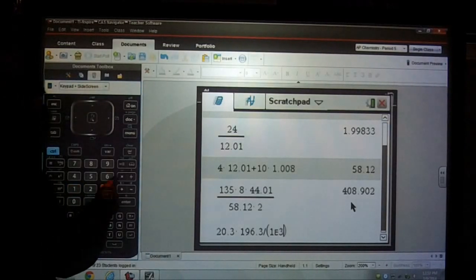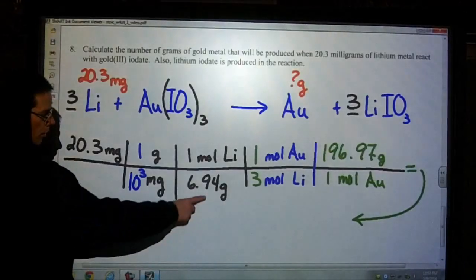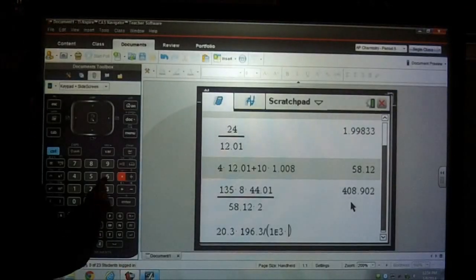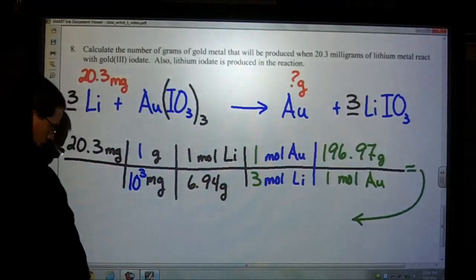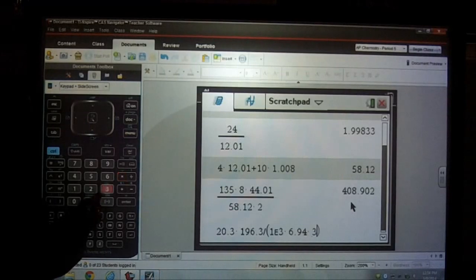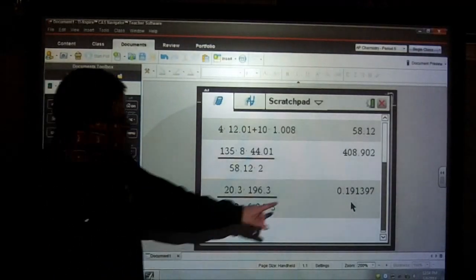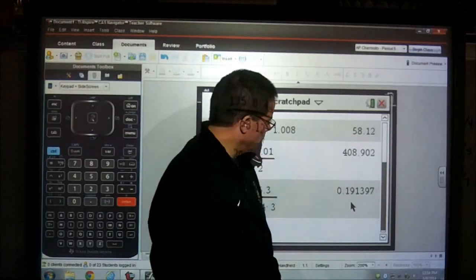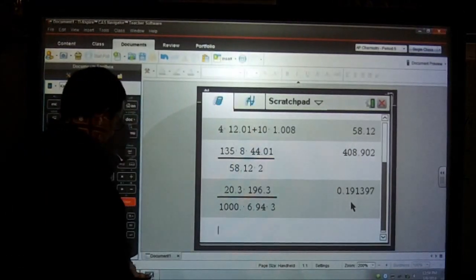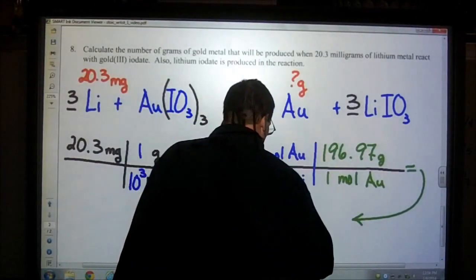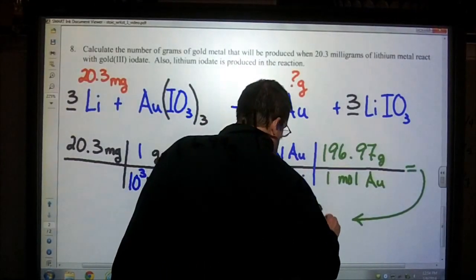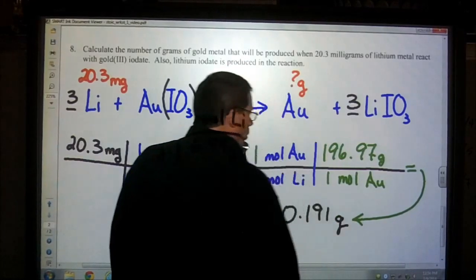So there's 1,000 times the molar mass, 6.94, times 3. Then close up the parentheses. Enter. So 0.191, we'll say. Sounds about right. So 0.191, and that is grams of gold.